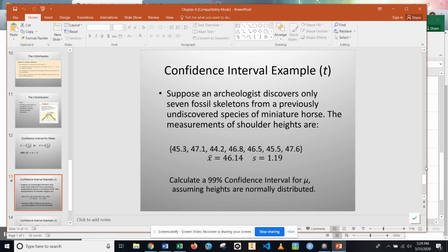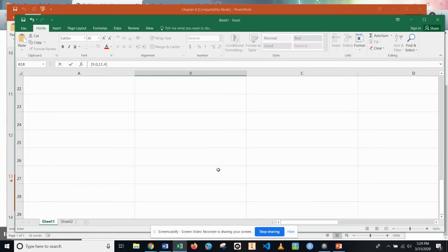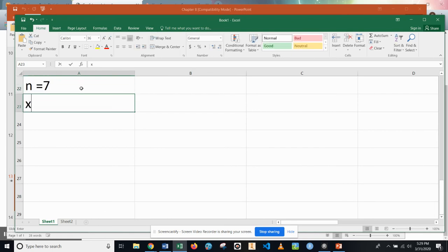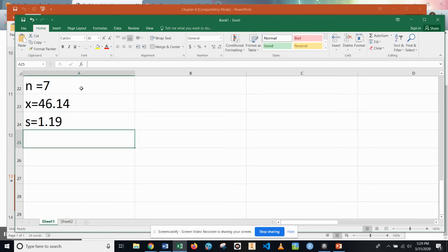So let's go over into Excel and look at the values that we have. The first thing I had was an N of 7. I had a mean of 46.14. I had a sample standard deviation of 1.19. I got a 99% confidence level.